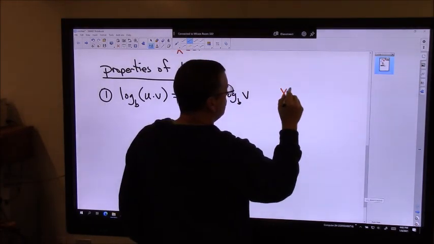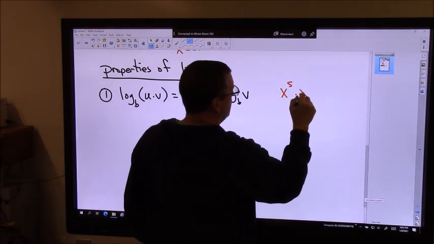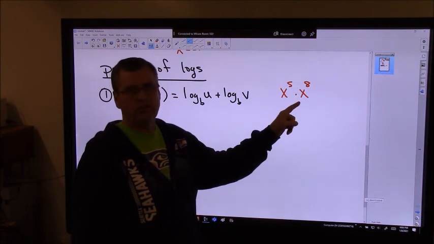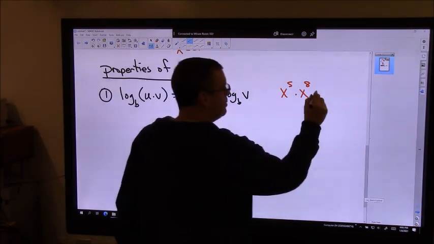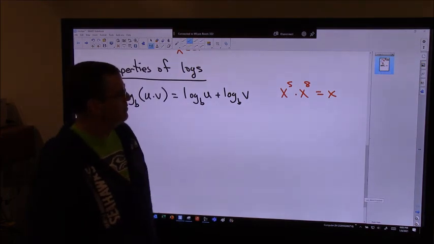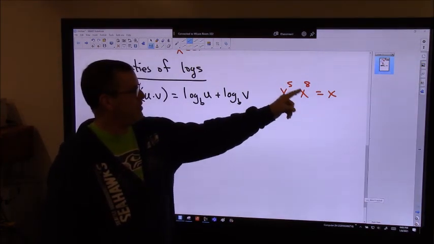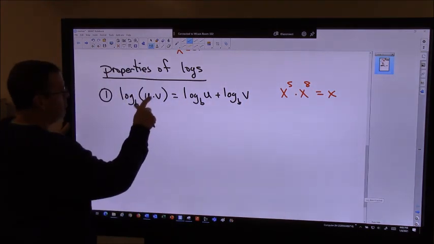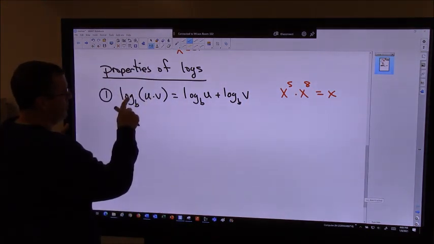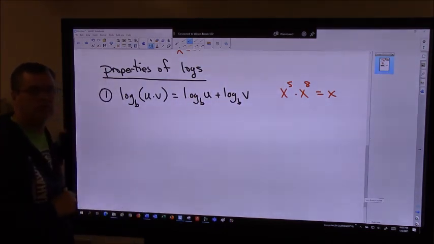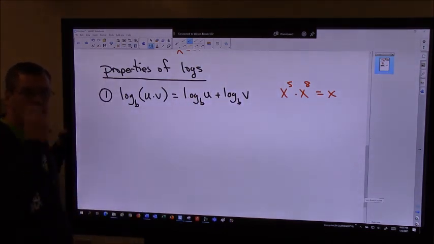If I've got x to the 5th times x to the 8th, I'm multiplying with exponents. So what do I do with those exponents? Well, the rule is you add them and you get x to the 13th power, right? So if I'm multiplying with exponents, then I have to add those exponents. Right? You see that? We're trying to think like exponents.